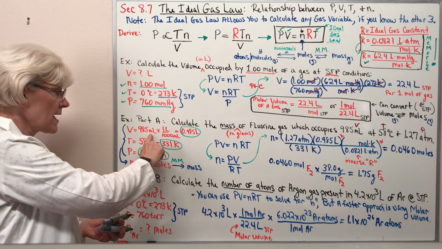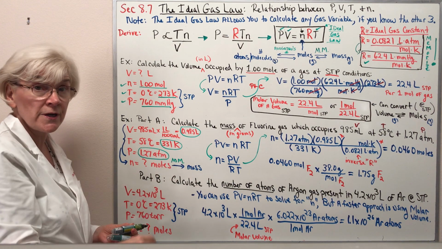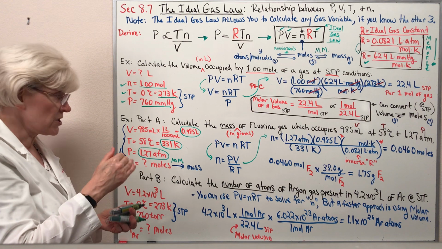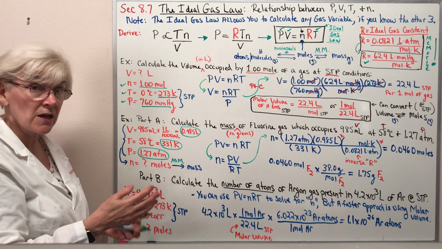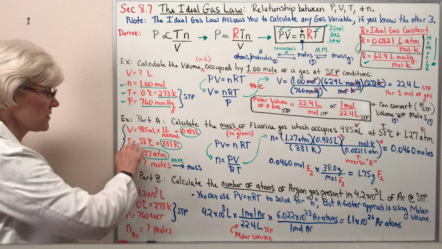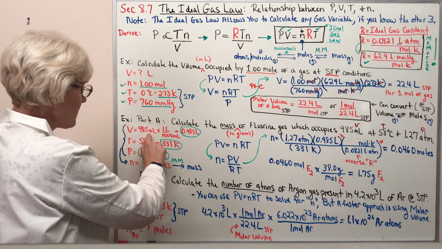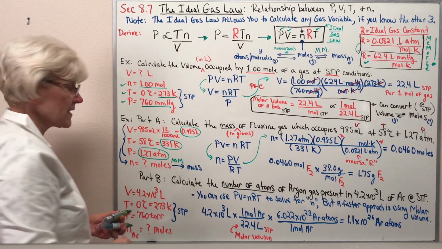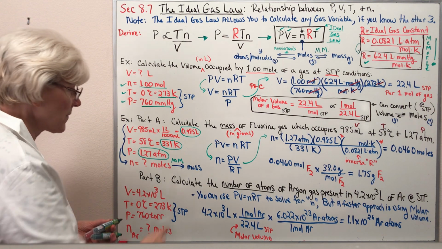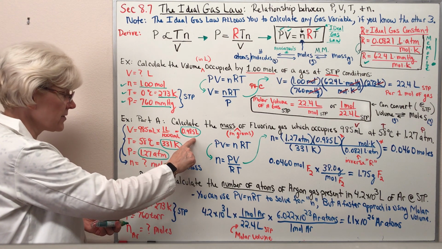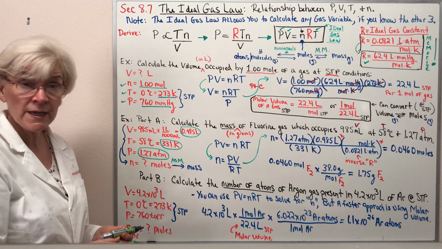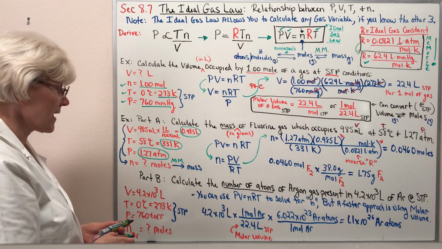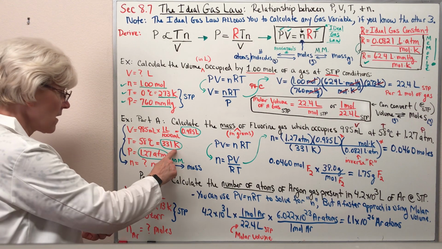So I'm going to take that milliliter unit and convert it into liters, which is what is needed to pair with the ideal gas law constant units. Converting 985 milliliters into liters by dividing by 1,000, I come up with 0.985 liters. Taking the temperature and adding 273 to that value, I get 331 Kelvin.